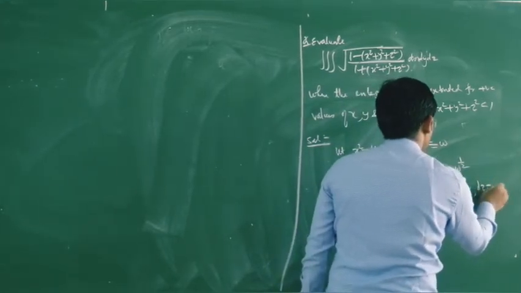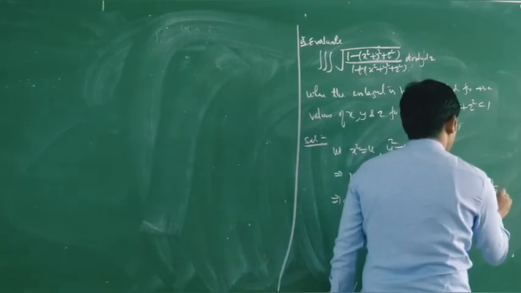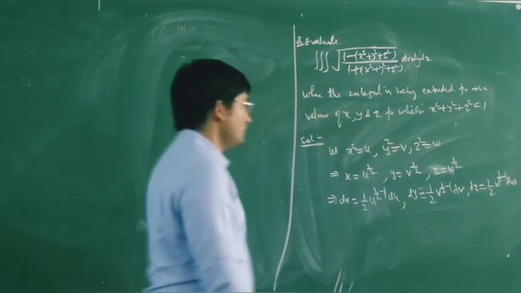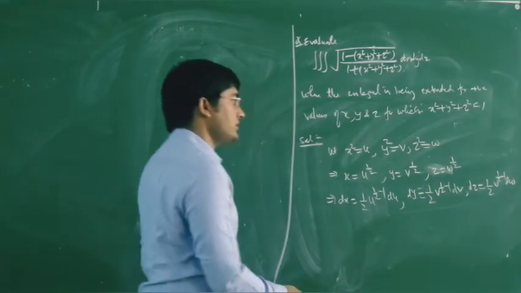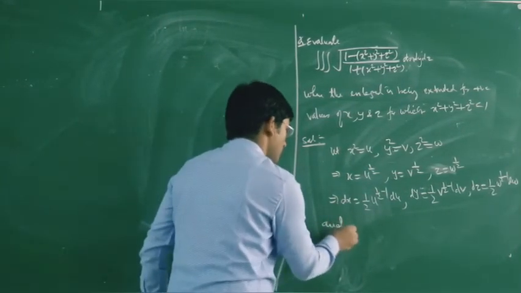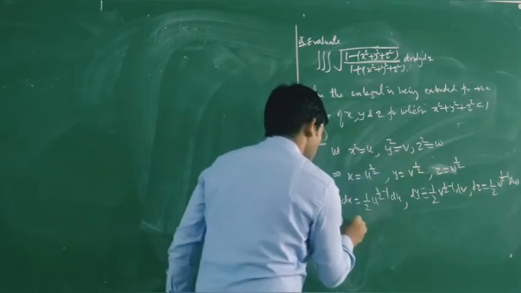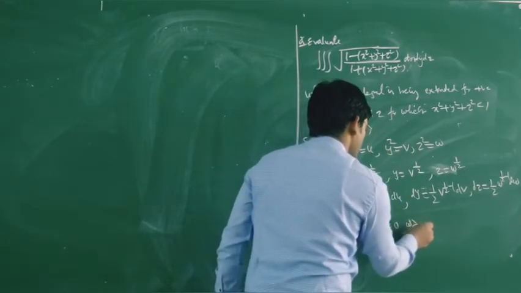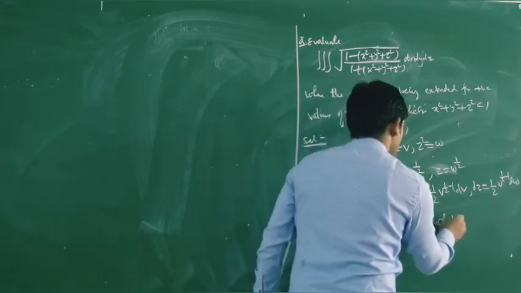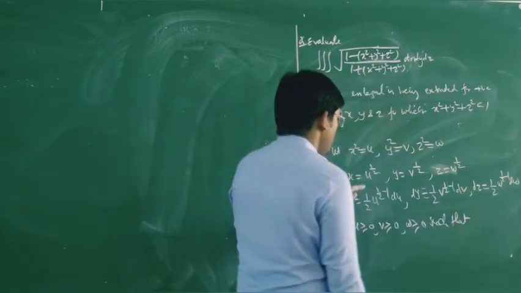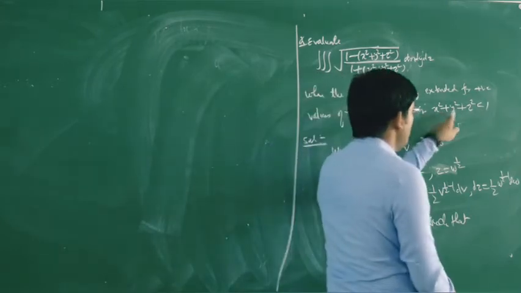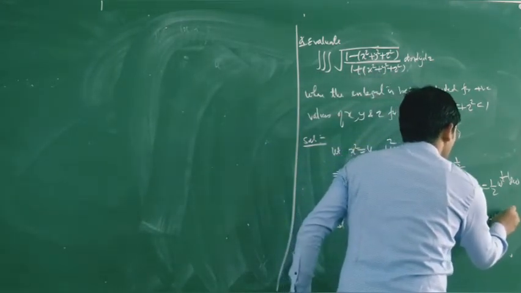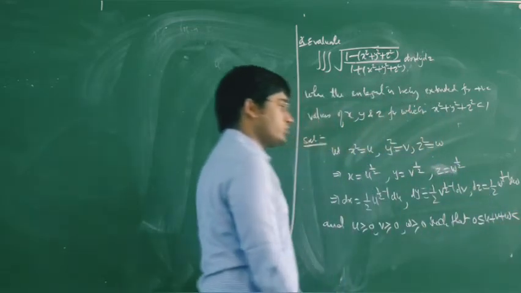Your dz will be 1 by 2 w power half minus 1 into dw. So here we have the value of dx, dy, dz, and as x, y, z are positive, we have u positive, v positive, w positive, such that now this sum will become u plus v plus w less than 1. So we have u plus v plus w less than 1 and greater than or equal to 0.